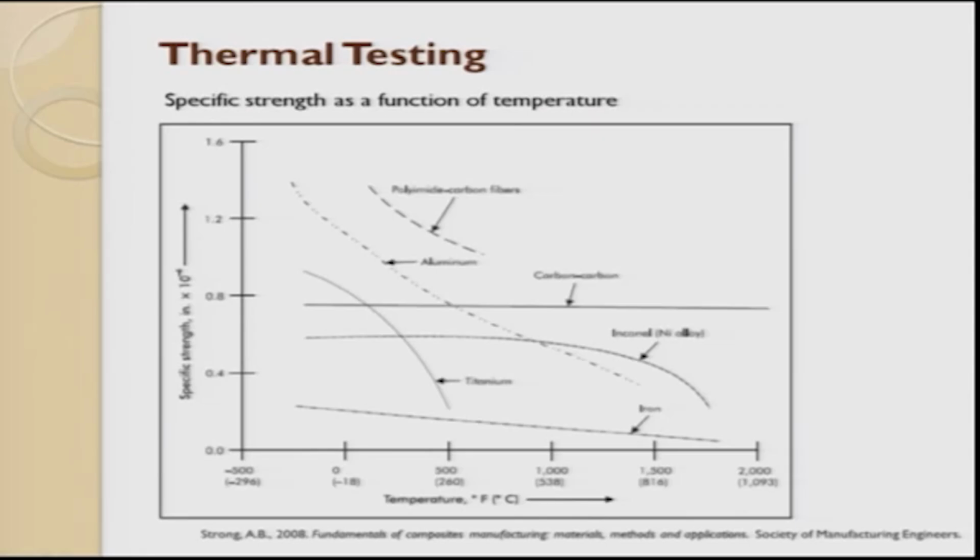So if you see the thermal testing, you can see for titanium, for aluminium, with respect to temperature, for Inconel, it can go up to 1000 degrees, whereas when you take a polyamide, carbon fiber, you can see how the response is.